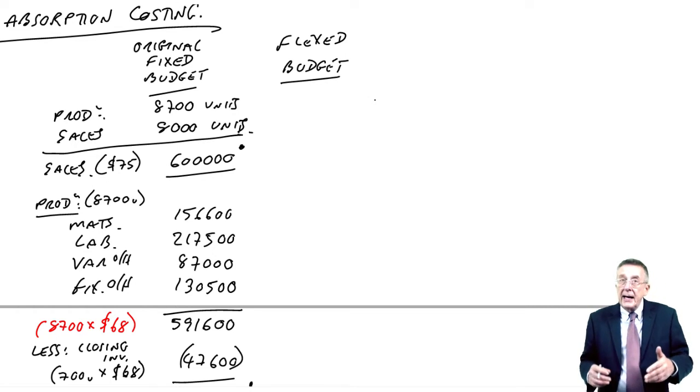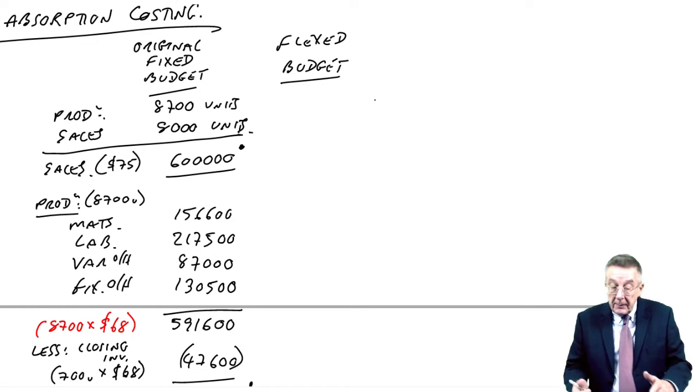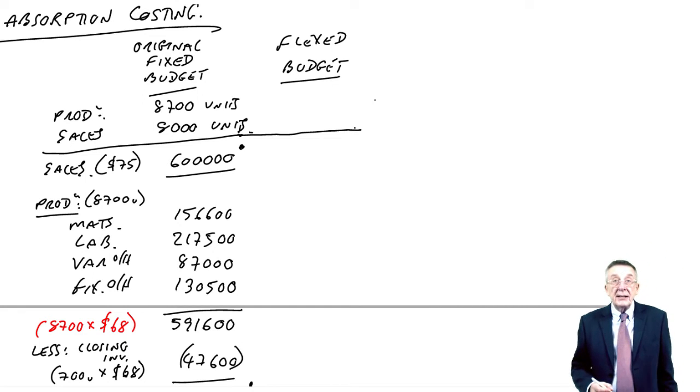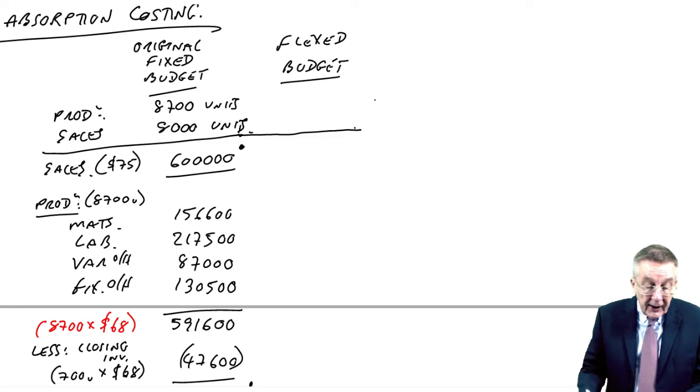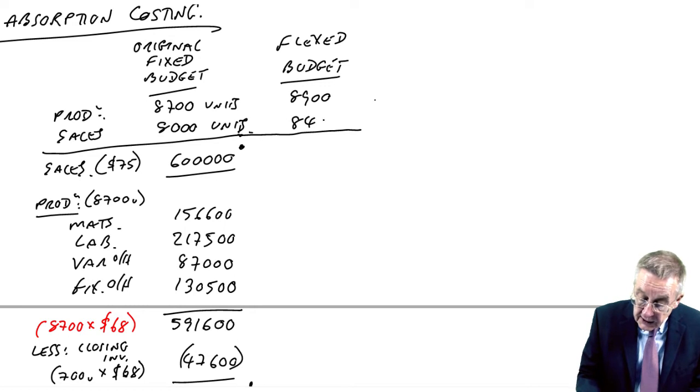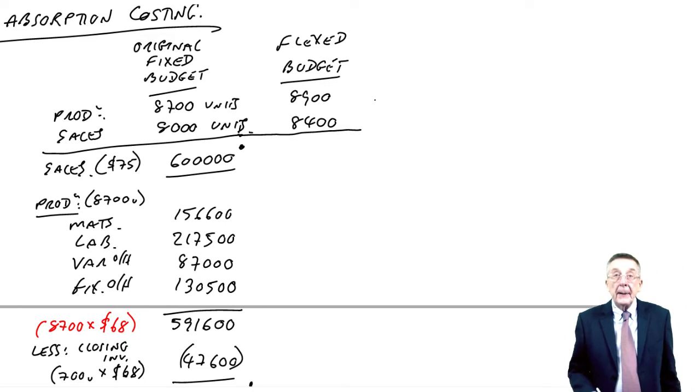So to make it a fair, sensible comparison, we flex the budget. We rewrite the budget based on the actual activity. The actual production was 8,900. The actual sales were 8,400.